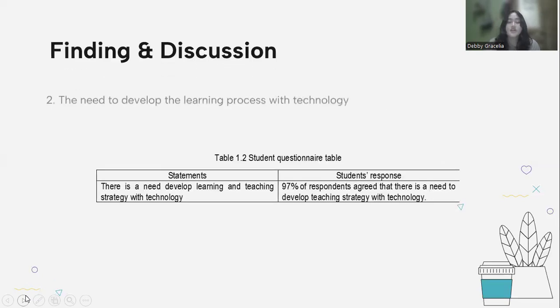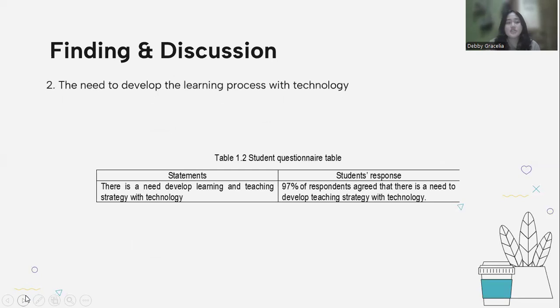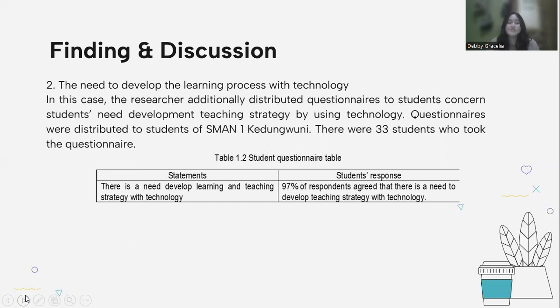Next, here, the second finding and discussion is about the need to develop the learning process with technology. In this case, the researchers additionally distributed questionnaires to the students concerned. Students need a development of teaching strategy by using technology, and the questionnaires were distributed to the students of SMA 1 Kedung Muni. There were 33 students who took the questionnaire.